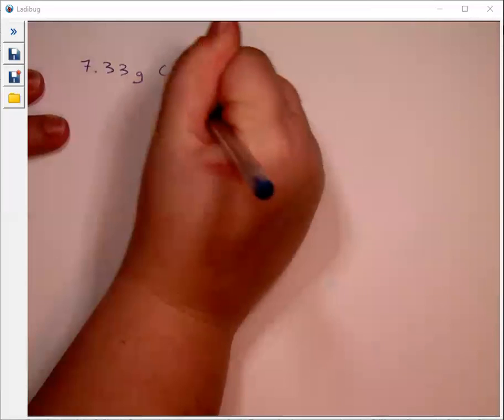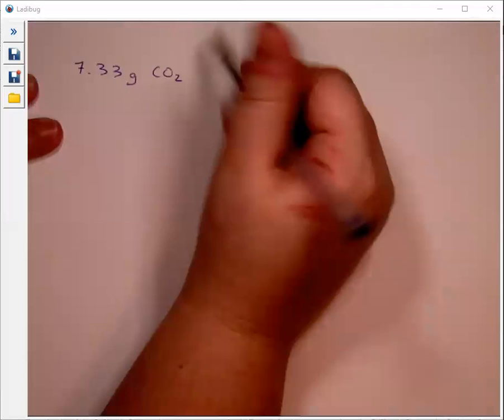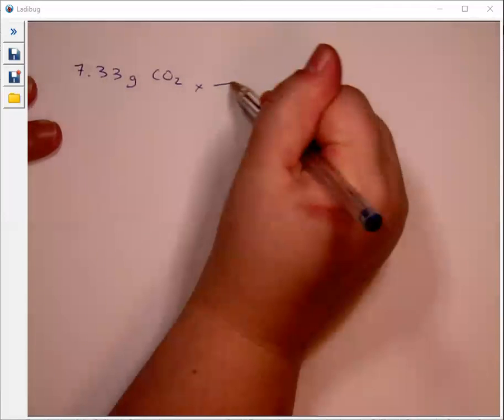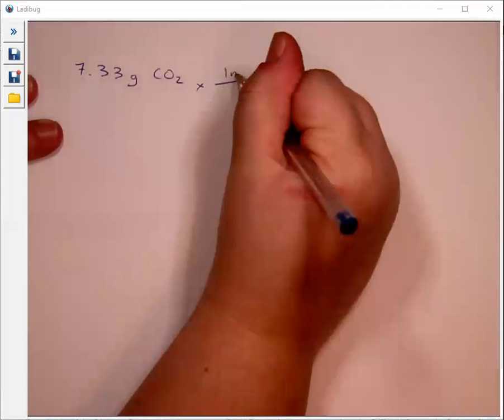So first, let's figure out how much carbon there is. We are told that 7.33 grams of carbon dioxide are collected. Before we can figure out how much carbon that is, let's divide by carbon dioxide's molar mass.